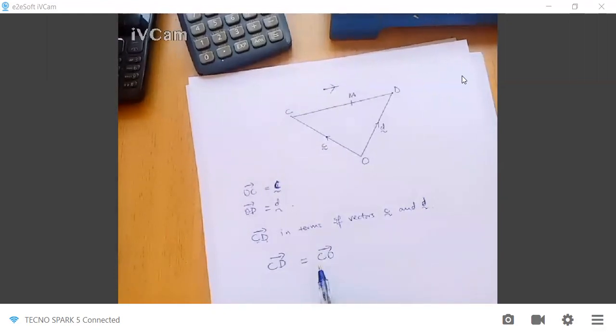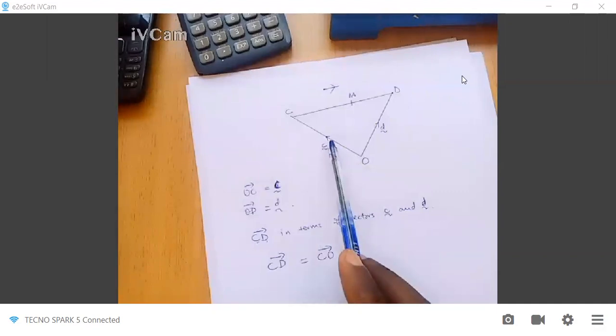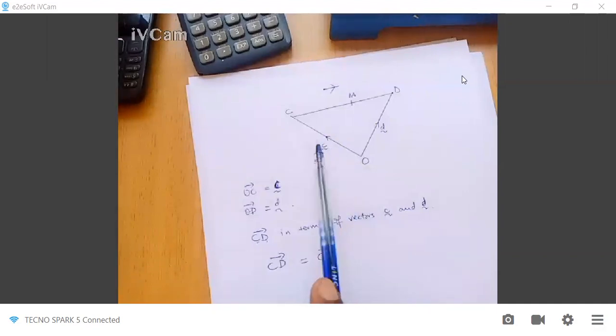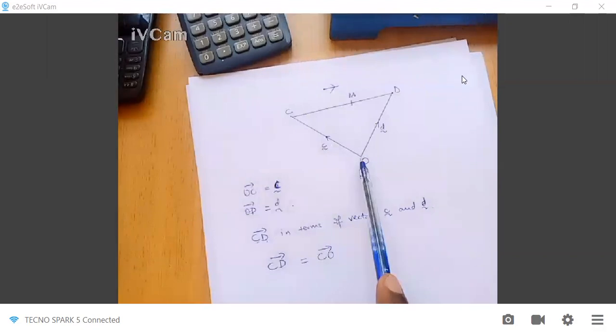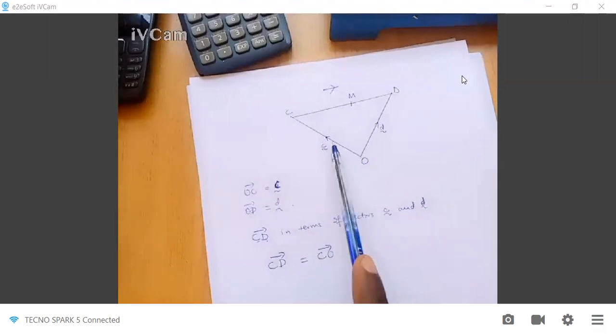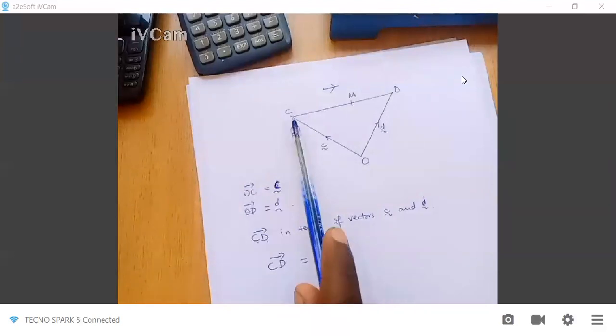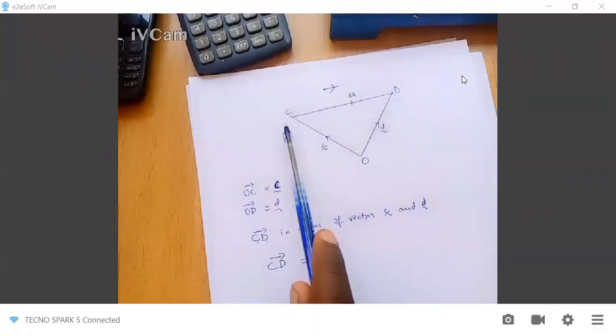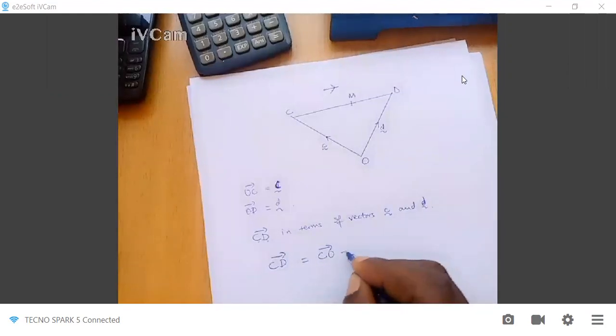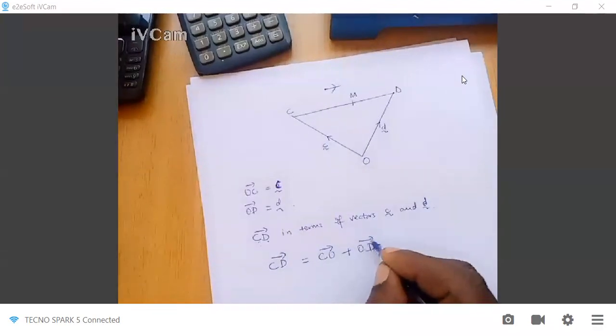Don't get confused by this direction here; you just leave it. You are moving from C to O, then from O to D. So CO plus OD. Full stop.